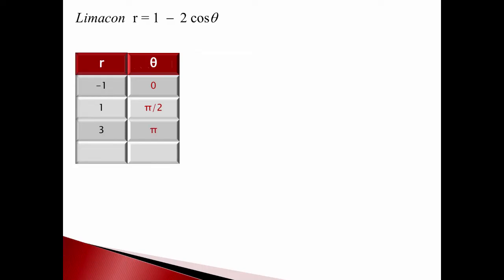At pi, cosine becomes negative 1. So I end up with 1 minus negative 2, so that adds together to give me a 3. And at 3 pi over 2, cosine is 0 again, so I'm back to just 1. And at 2 pi, when I plug that in, it gives me negative 1 again, like we started with.